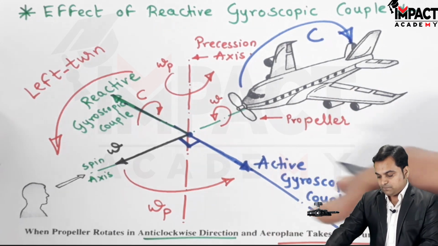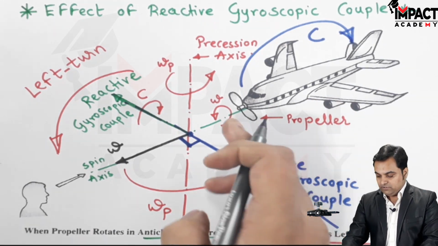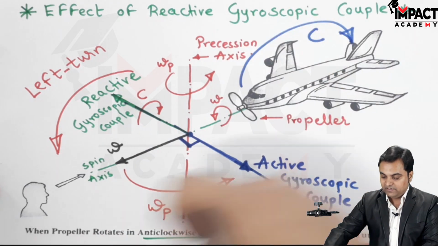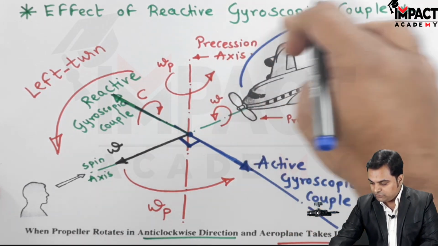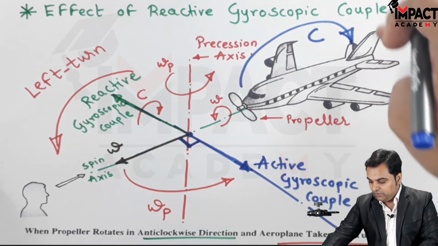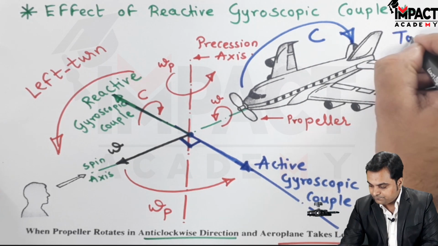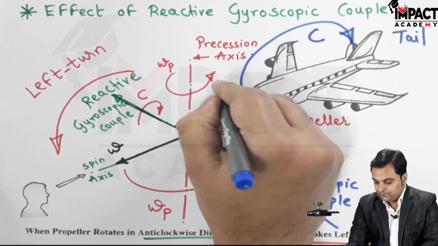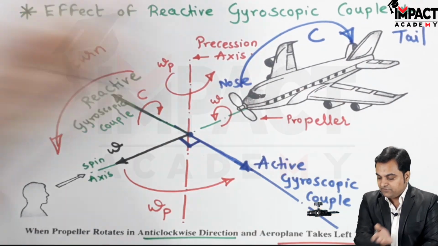So when this plane is moving, the propeller is rotating in an anti-clockwise direction and the plane is taking a left turn. The effect, because of the reactive gyroscopic couple, is that the tail of the plane gets dipped or lowered, whereas the nose gets raised.